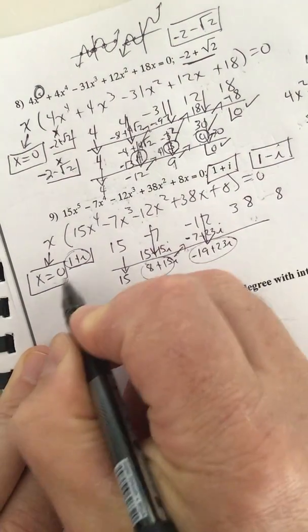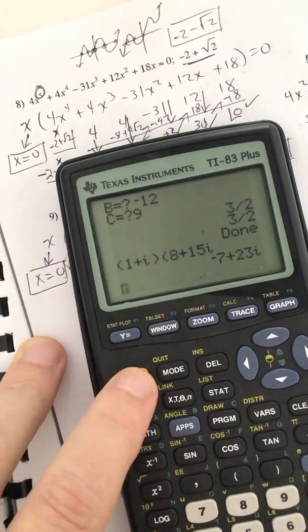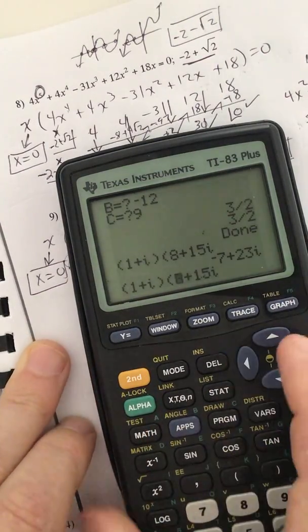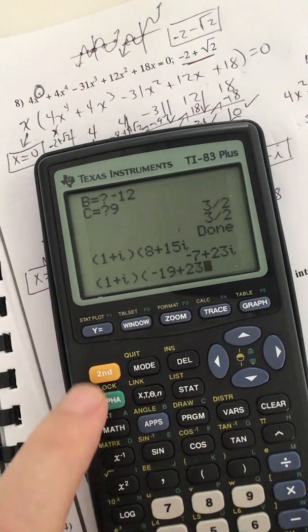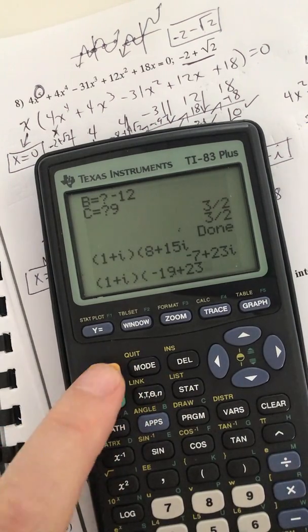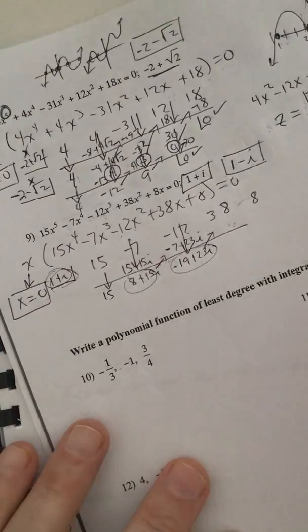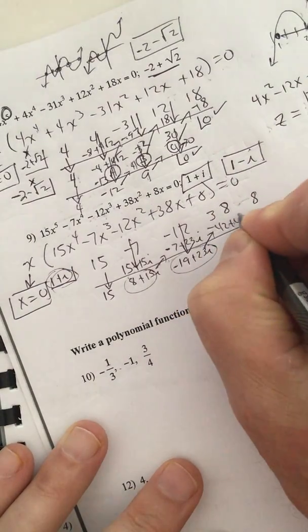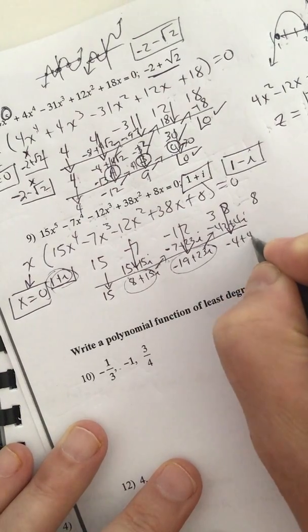So now I need that one times that one, and it'll go there with the 38. So 1 plus I times negative 19 plus 23i is negative 42 plus 4i. Add down makes that negative 4 plus 4i.